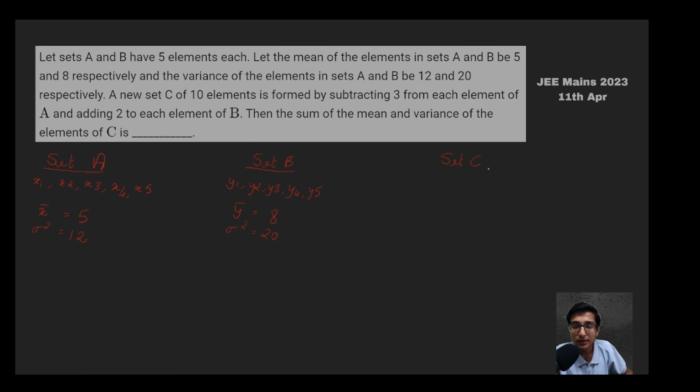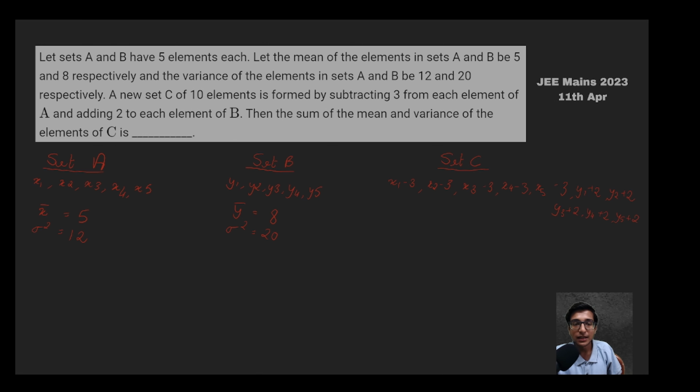So set C has been formed by subtracting 3 from each element of A and adding 2 to each element of B. That means this set would become x1 minus 3, comma, x2 minus 3, comma, x3 minus 3, comma, x4 minus 3, x5 minus 3, and adding 2 to each element of B, so this would become y1 plus 2, y2 plus 2, y3 plus 2, y4 plus 2 and y5 plus 2.